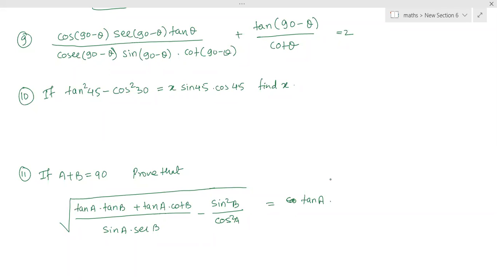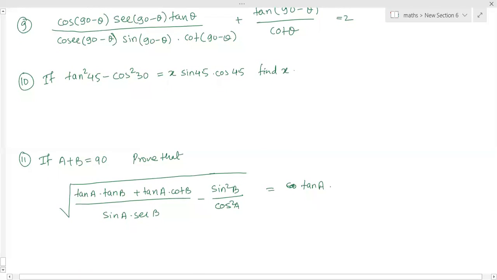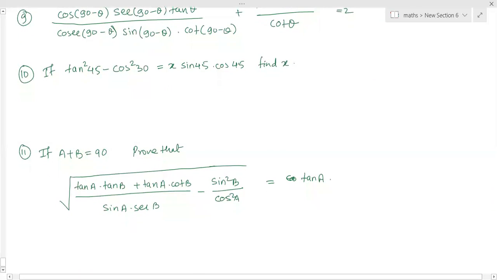Everyone got the answer? Yes, ma'am. 11th one. The same way as we have solved alpha beta, exactly the same way here also we have to solve. Substitute beta because on the other side, RHS, you need tan A. So only angle A you need. So convert B into 90 minus A and try simplifying.